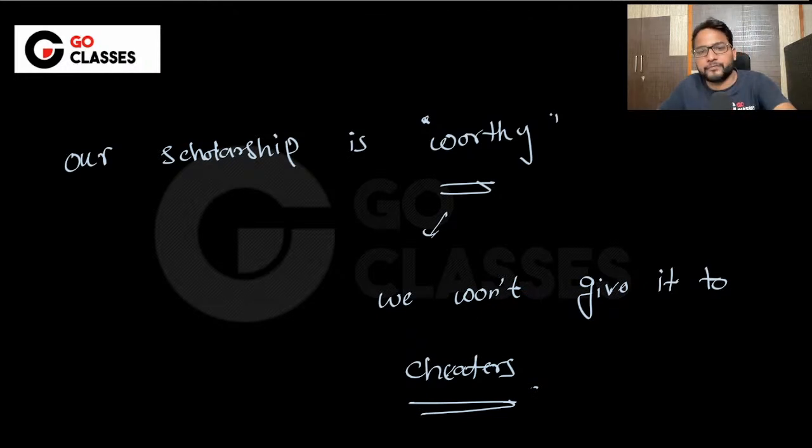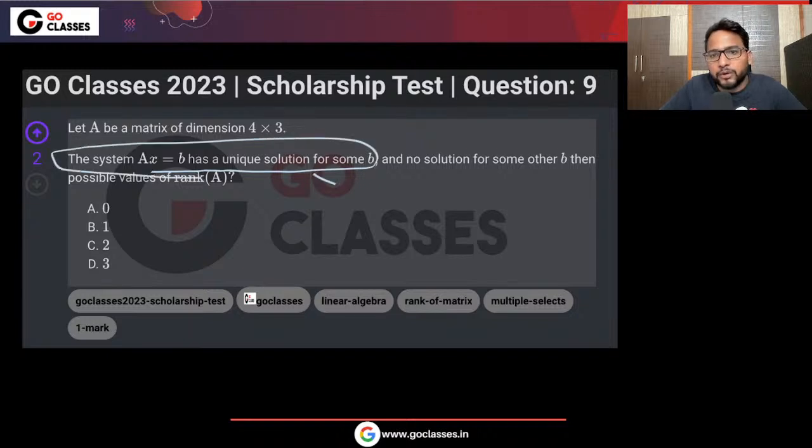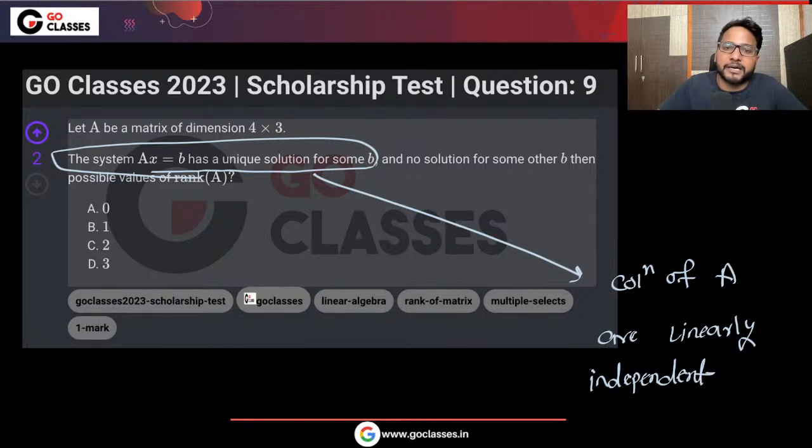Okay, now let's see this. They are saying let A be a matrix of 4 into 3, and the system AX equals B has a unique solution for some B. What does this mean? It means the columns of A are linearly independent.